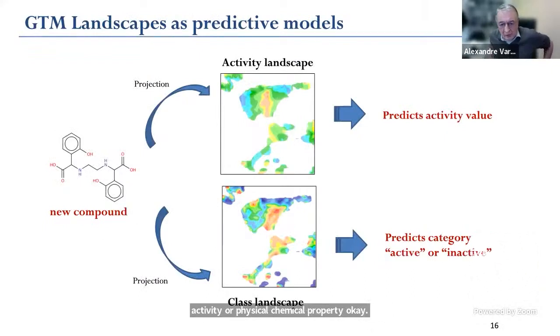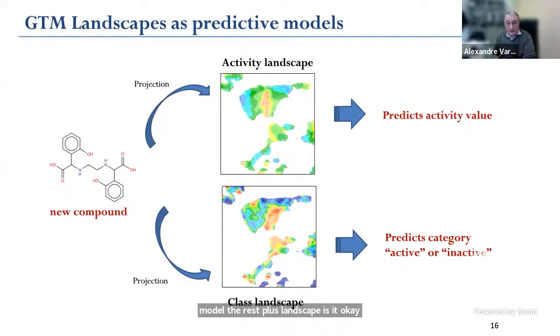So we published several papers showing that this activity and class landscape could be used in order to predict class label, active or inactive, or activity value using Bayes equation. In such a way, activity landscape acts as a regression model, whereas class landscape as a classification model.